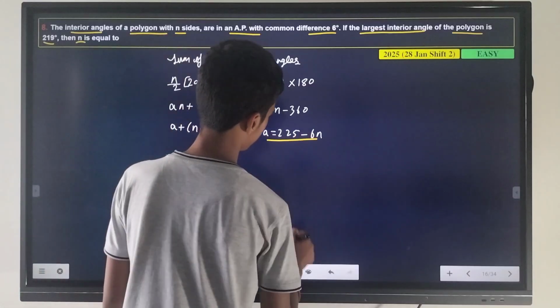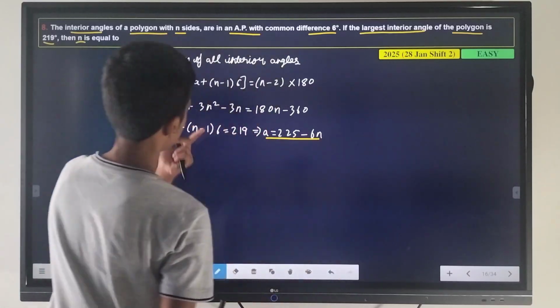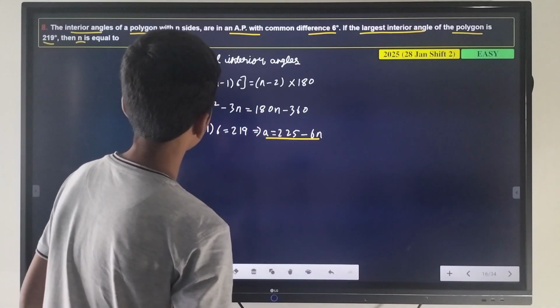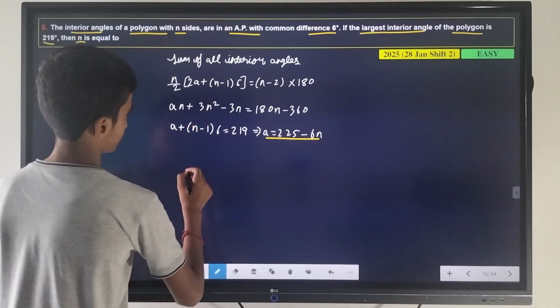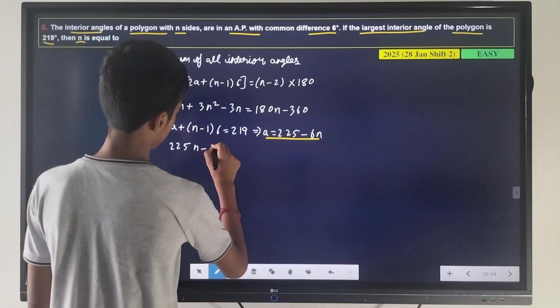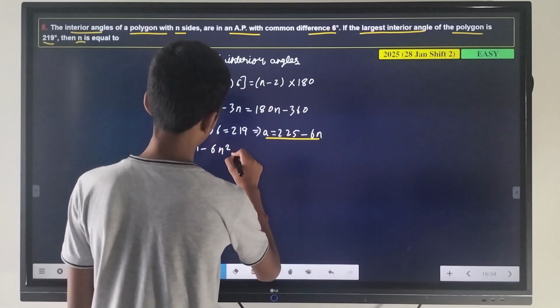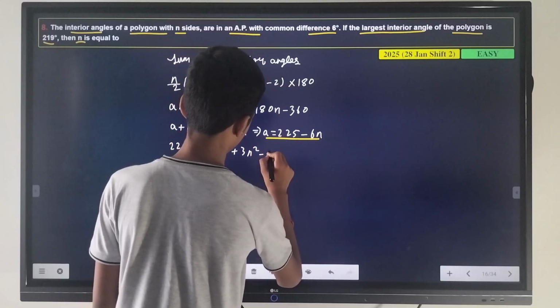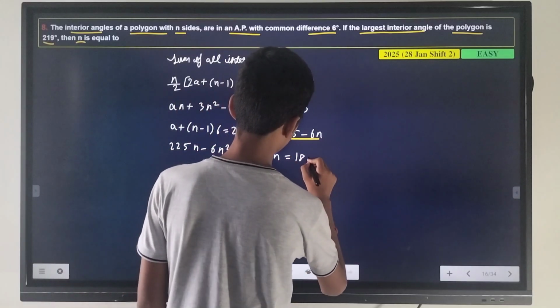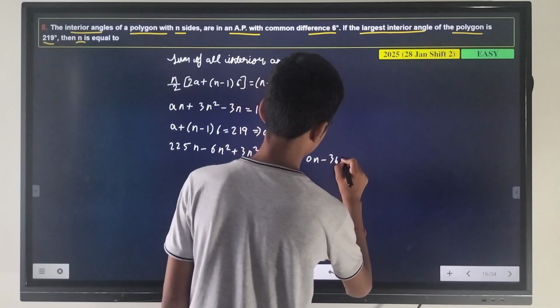Now we will substitute the value of a here and above in the equation. We will get 225n minus 6n square plus 3n square minus 3n is equal to 180n minus 360.